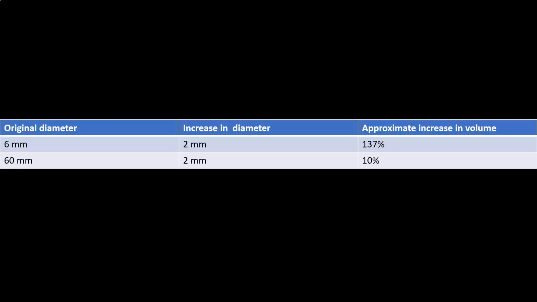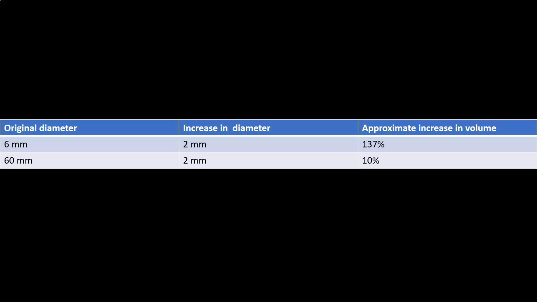With small lesions, don't say, fine, this is a very small increase in size, we can ignore that. I'm giving here 2 examples of a small lesion of 6 mm and a big lesion of 6 cm, and both of them will have a 2 mm increase in diameter on follow-up.